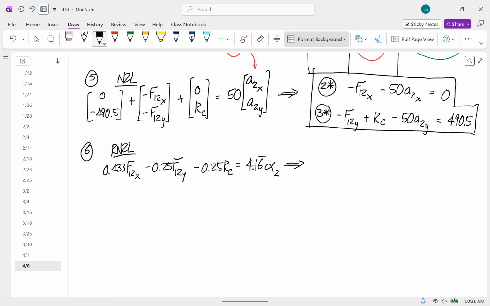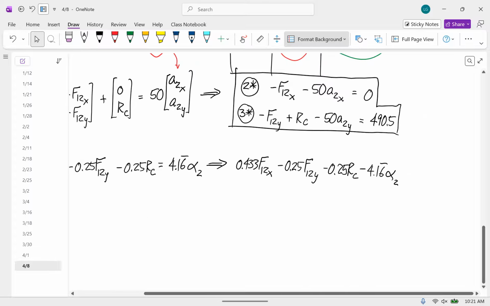And this is our fourth equation. So I'll write this as 0.433 F12X minus 0.25 F12Y minus 0.25 RC minus 4.16 repeating alpha 2 is equal to 0. This is our equation 4 star.